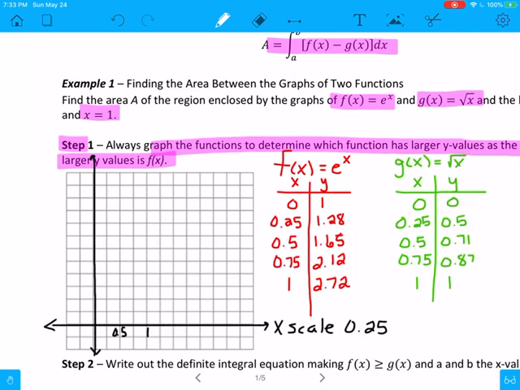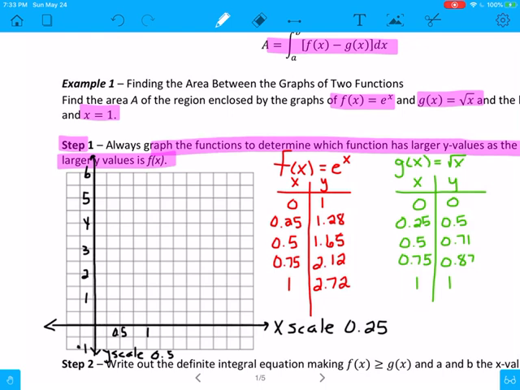And I'm going to make my y scale. They don't have to be the same, but I'm going to make them the same. So I'm going to make my y scale be 0.5 actually. So this would be 1, 2, 3, 4, 5, 6, -1.